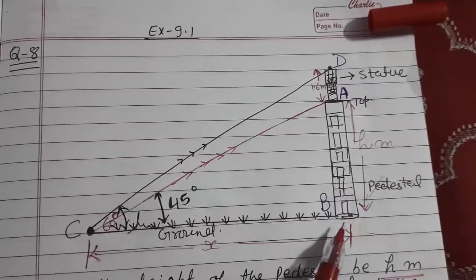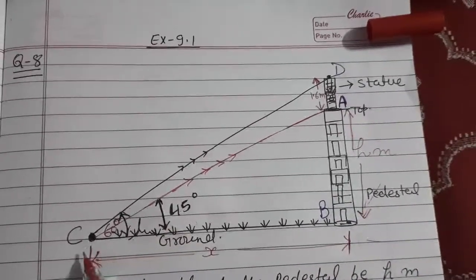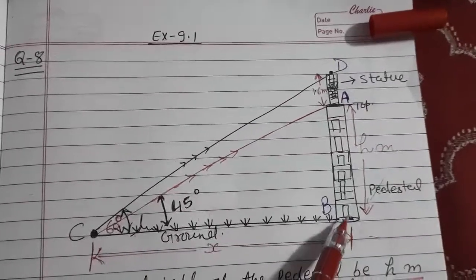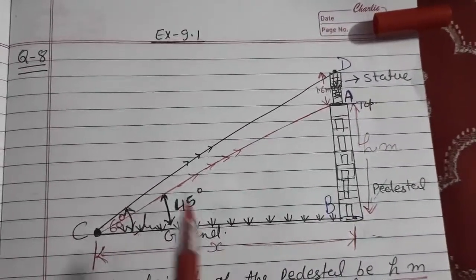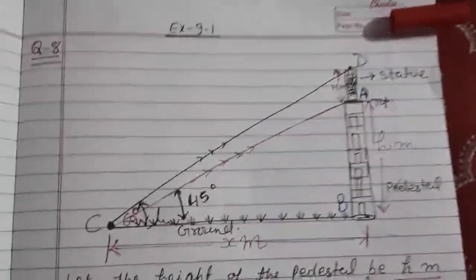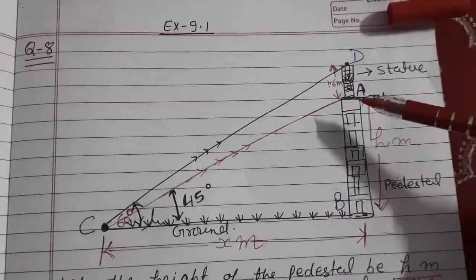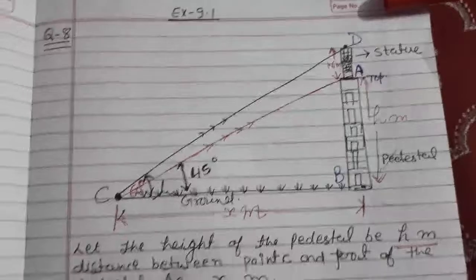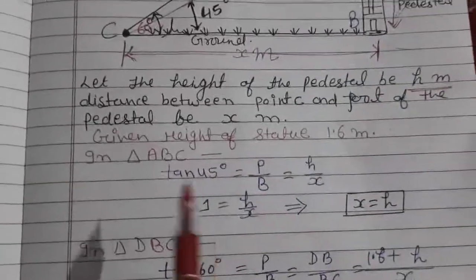I am considering the distance between this point on the ground and the foot of the pedestal as x meter. First we will take the right angle triangle ABC.